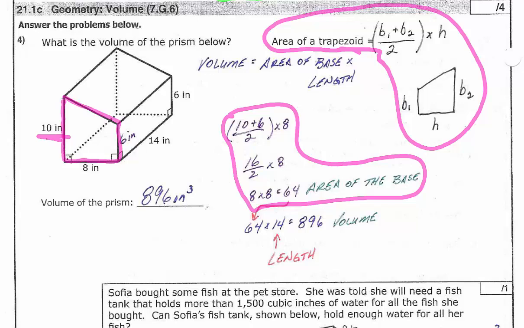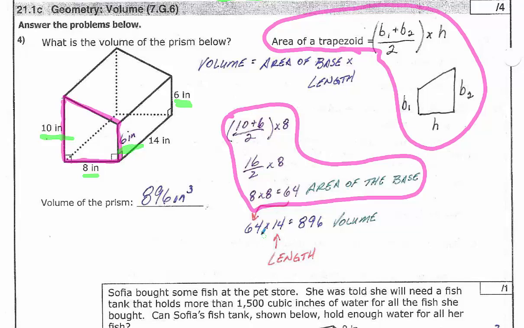Let me change up my colors here so it stands out a bit. 10 plus 6, I got that 6 from right here, I can bring it over. 10 plus 6 divided by 2 times 8, which is the height. 16 divided by 2 times 8. 8 times 8, 64. That's the area of the base.